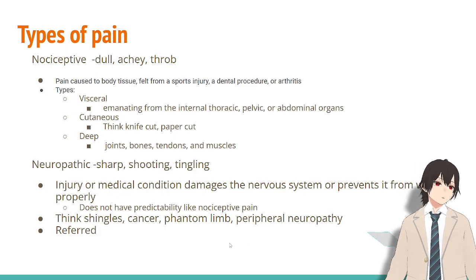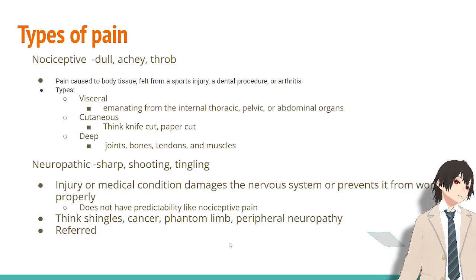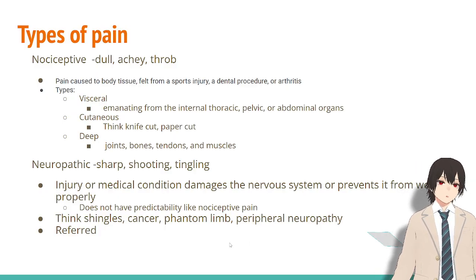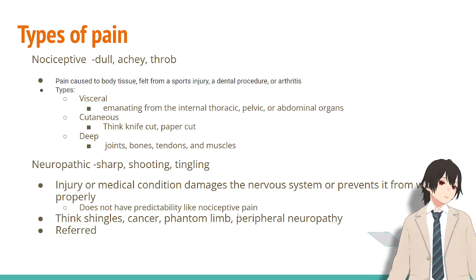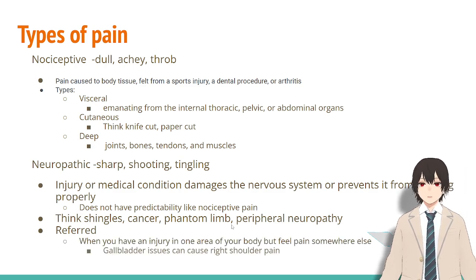Referred pain is when you have an injury in one part of your body, but the pain is redirected elsewhere. So, for example, a gallbladder injury can present with right shoulder pain.